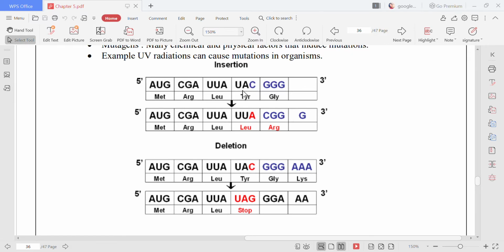So what is my genetic code now? UUA. The genetic code has been changed just because of the insertion of only one base pair. Only U was added, and because of that addition, my genetic coding changed from here. Now my genetic coding is UUA, so the amino acid also changed, you see.